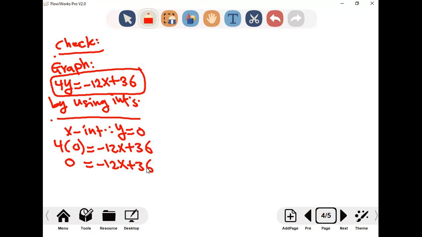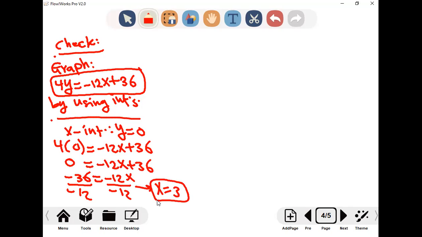Shift the 36, right? Two-step equation. Negative 36 equal negative 12x. Divide by negative 12 on both sides. So x equal what? 3. So the x-intercept is 3. We found the x-intercept.